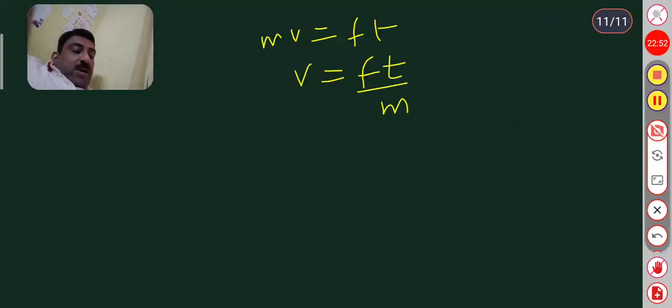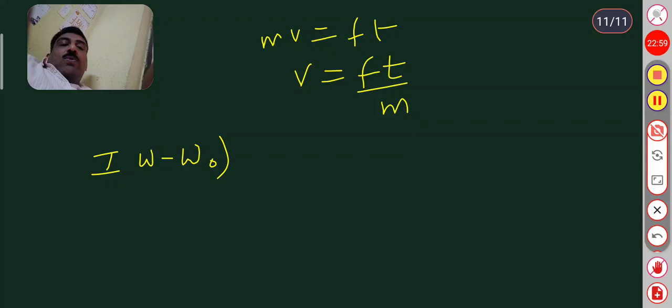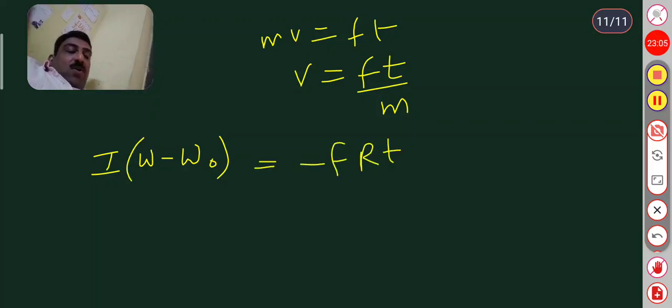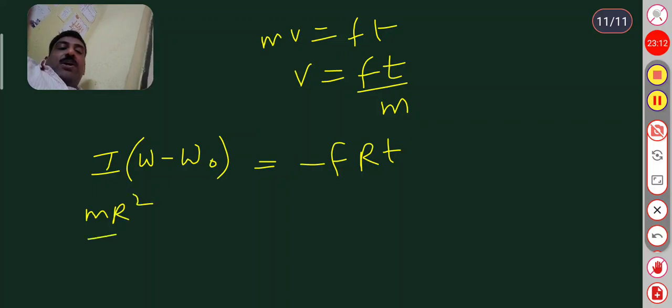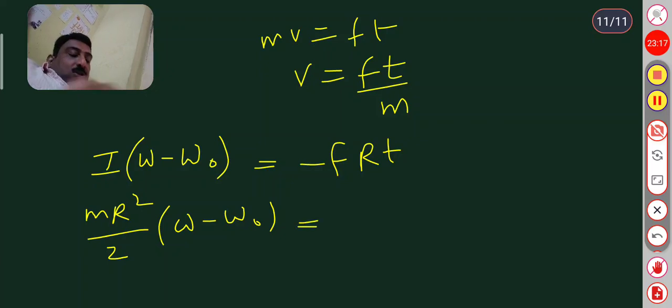Your equation is I into omega minus omega 0 is equal to minus F R T. Instead of I, I can write m r square divided by 2 into omega minus omega 0 is equal to minus F R T, isn't it?